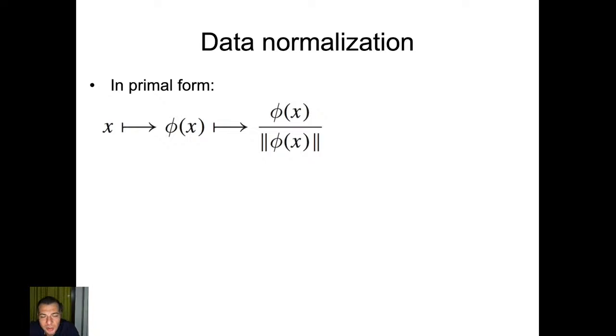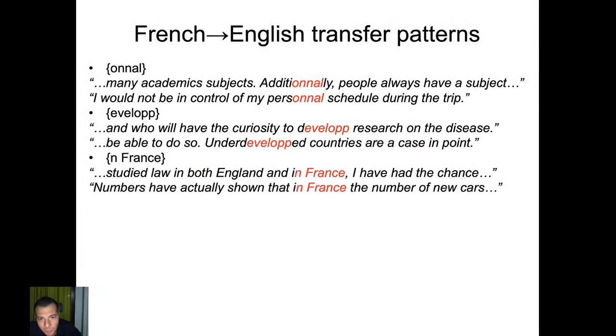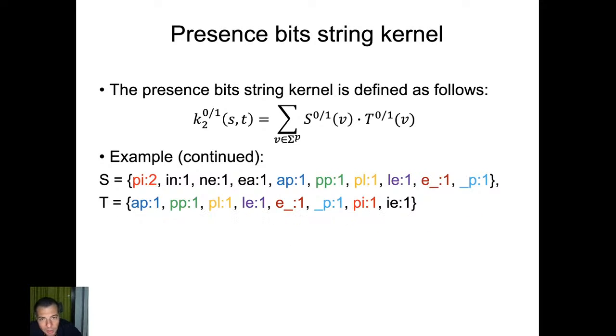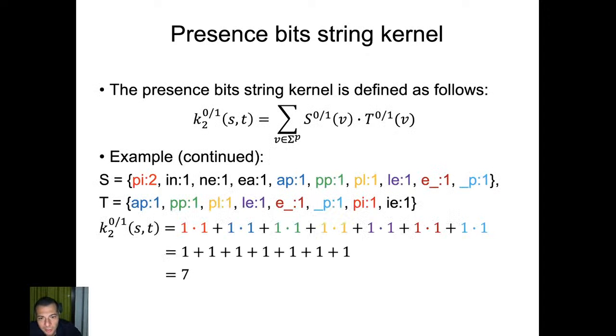And another important aspect with data is data normalization. We're going to discuss other aspects about data normalization in more detail in future lectures. But here is an important thing to consider. So going back to this example with string kernels, one problem here is, looking at the similarity function, imagine that one of the strings is very large.